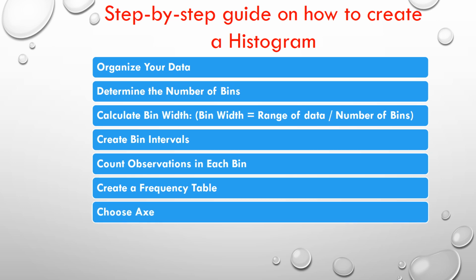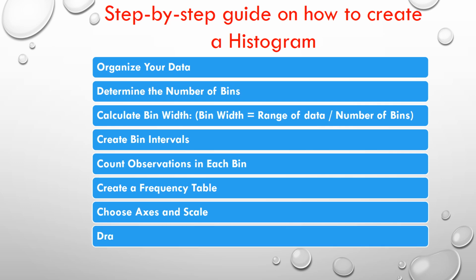Then choose axis and scale. Decide which axis will represent the variable of interest, usually the x-axis, and the frequency or count, usually the y-axis. Choose a scale that best suits your data. Then draw the bars. On a graph, draw rectangles, bars, for each bin.